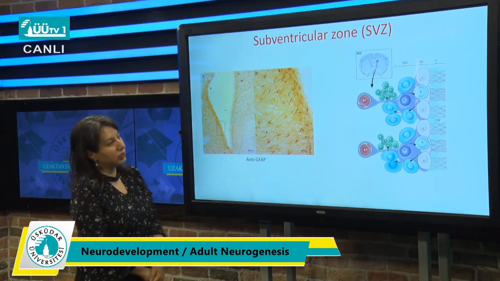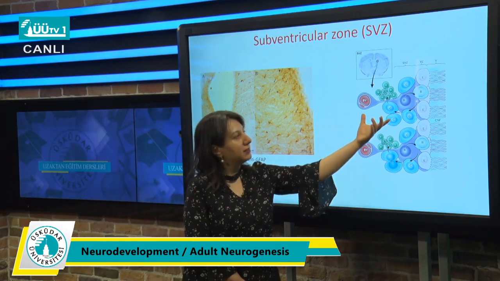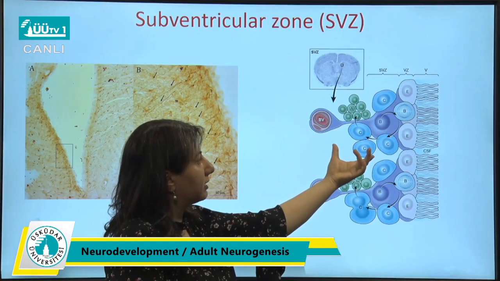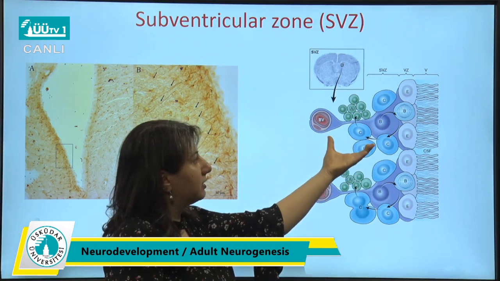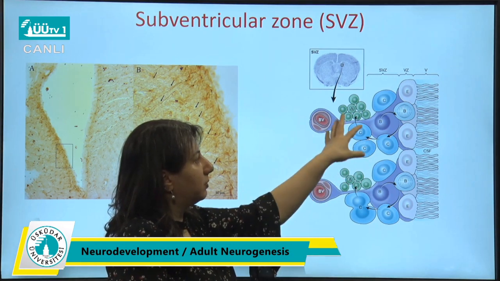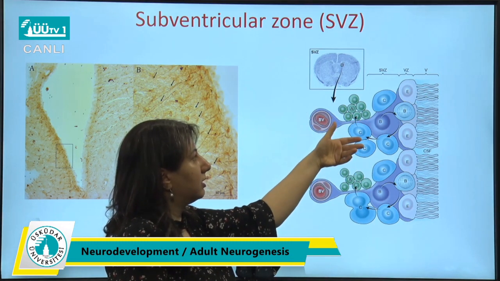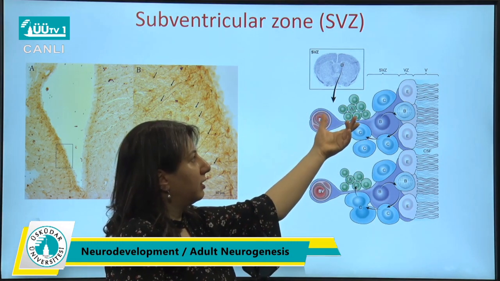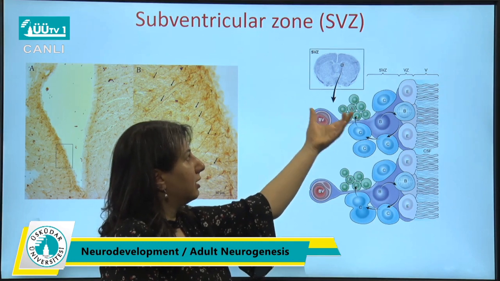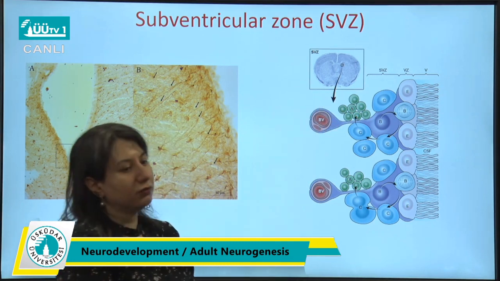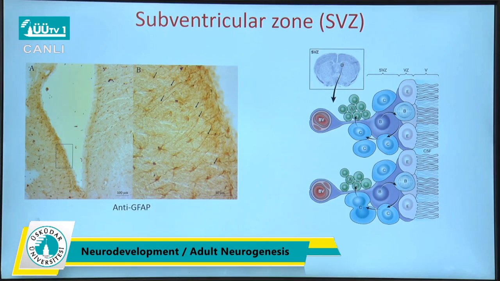They will differentiate first into type C cells, which are the transiently amplifying cells, and these type C cells will be located around the type B cells, and they will immediately differentiate, I'd say, into the type A cells, or the neuroblasts, and then these neuroblasts will have to migrate to their final destination. So this is a summary of the structure of the subventricular zone.